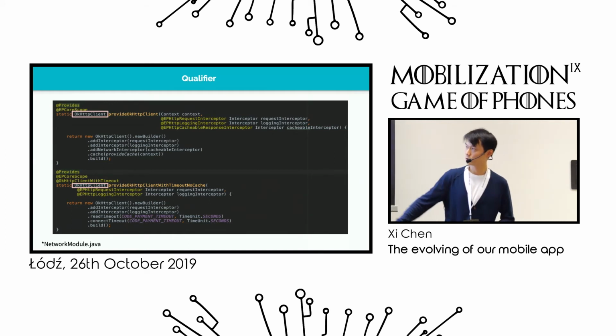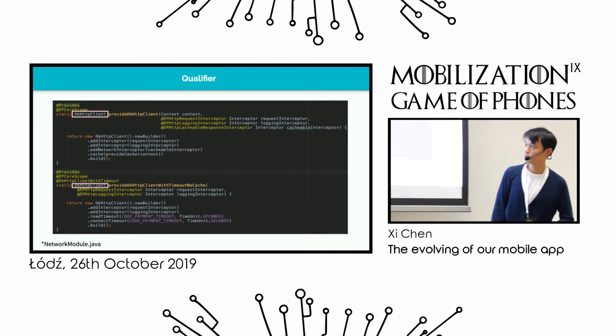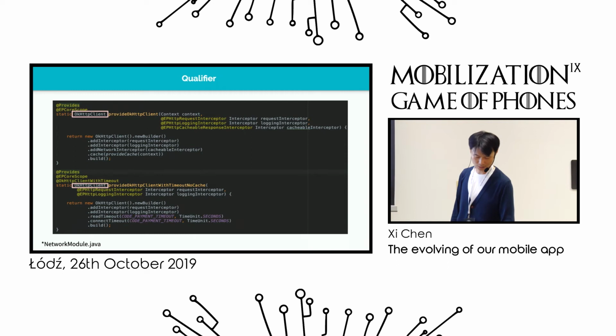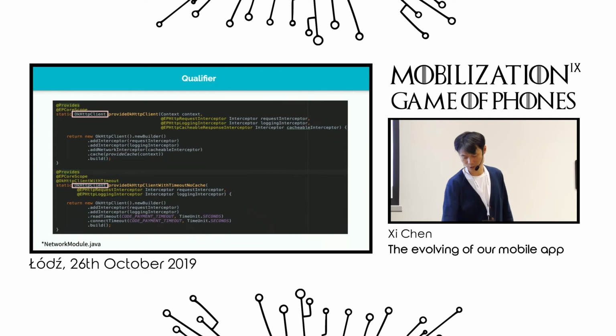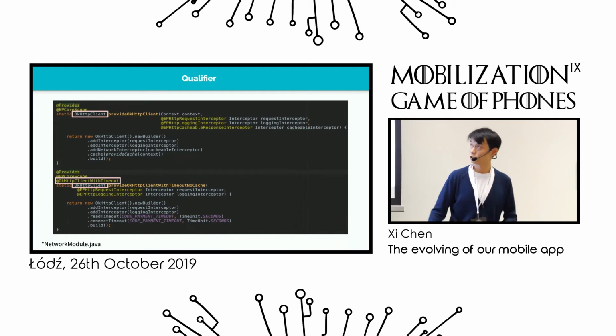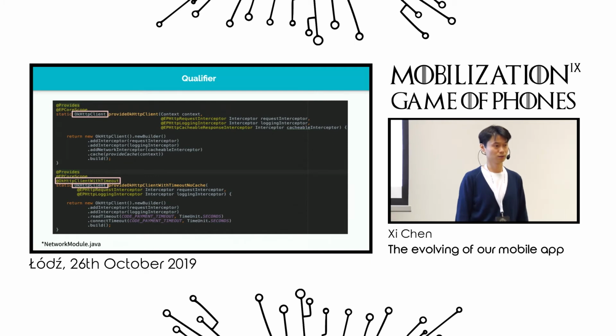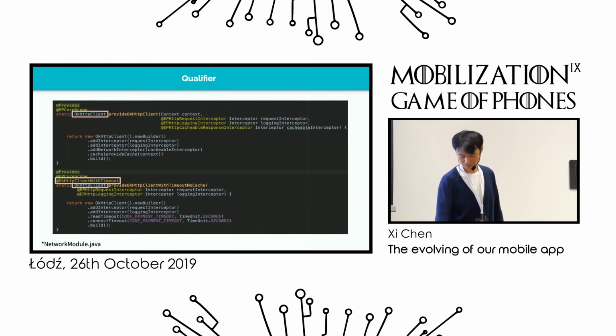As you can see here, the lower function provides an HTTP client with timeout, but the other one without, because for all the other requests we don't need timeout for now. So this annotation is the Qualifier annotation. It's also our custom annotation defined in the project.